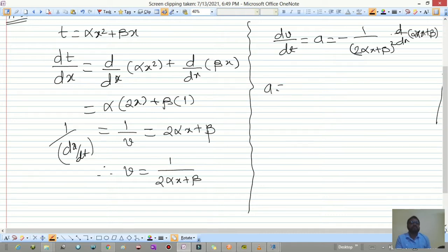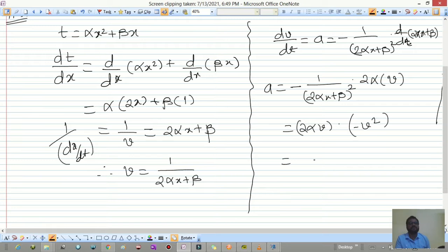Now acceleration we have is minus 1 divided by 2 alpha x plus beta whole squared into 2 alpha into the differentiation of x with respect to time, which is velocity. So you will get 2 alpha v, and 1 divided by 2 alpha x plus beta is the velocity. So you can write it as velocity squared with negative sign. You will get minus 2 alpha v cube.